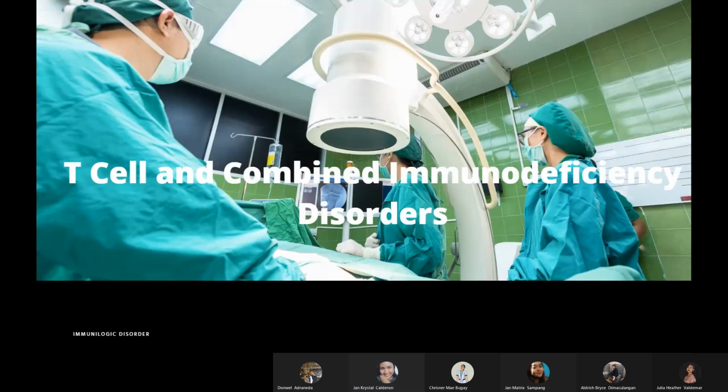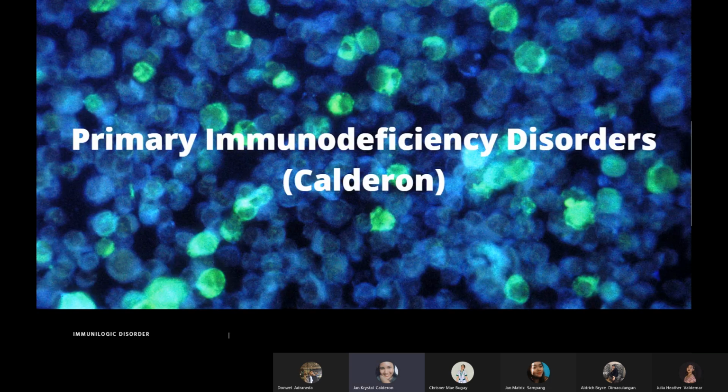Primary immunodeficiency disorders are rare genetic disorders of the innate and adaptive immune system, which means that there have been identified gene mutations that cause varying degrees of impairment in immune cell differentiation and/or function.